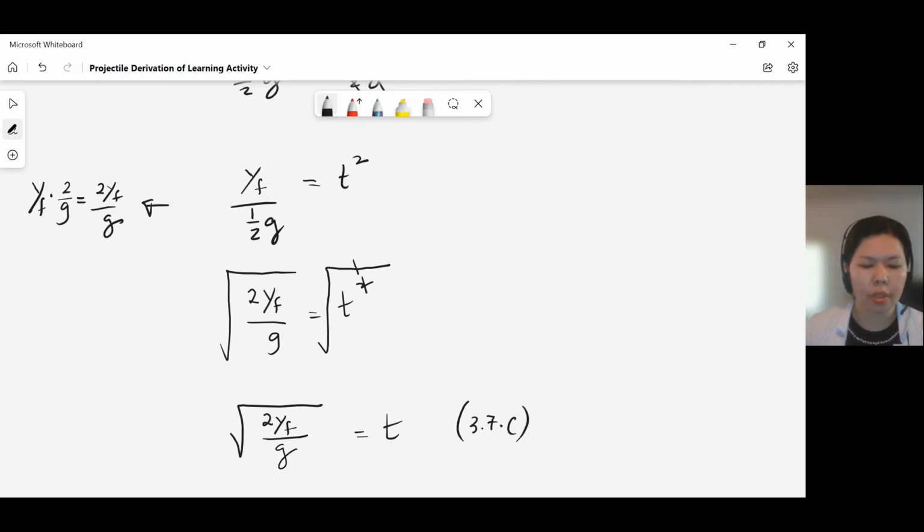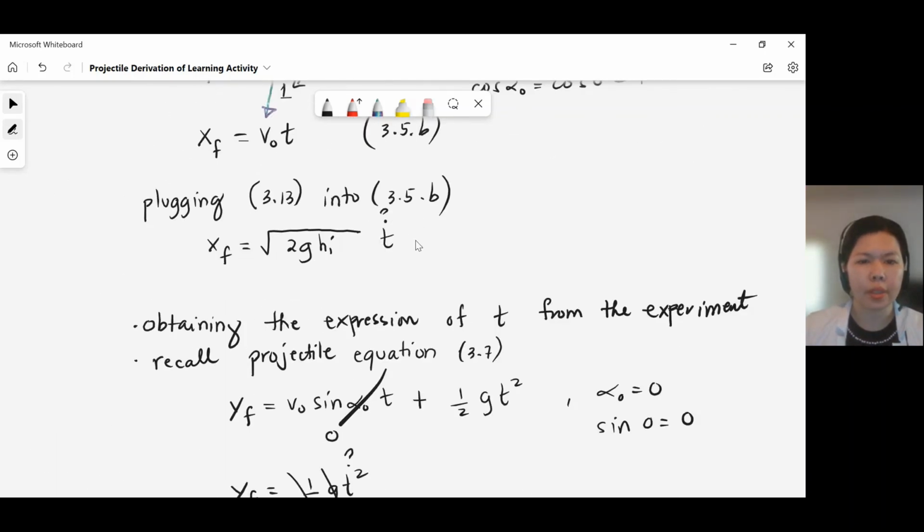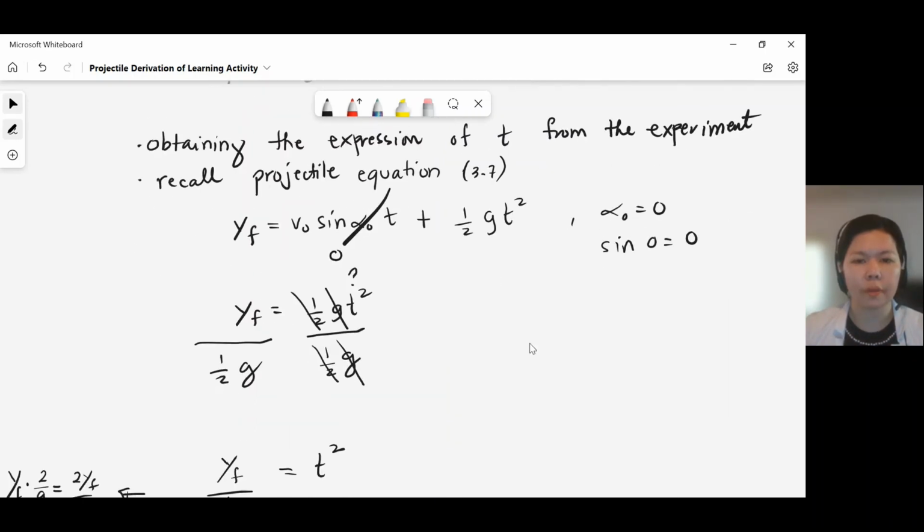And we plug this one into our XF. 3.7.c into this equation. This is actually 3.5.c. Plugging that into this 3.5.c equation.